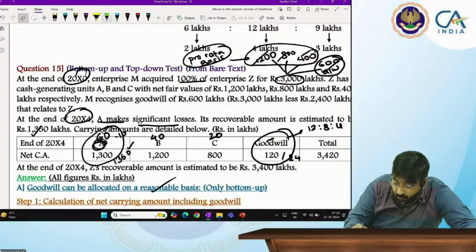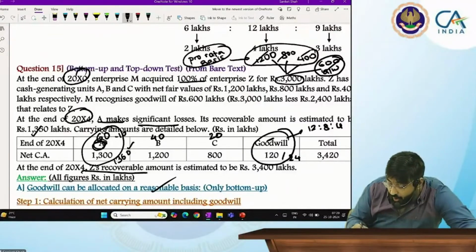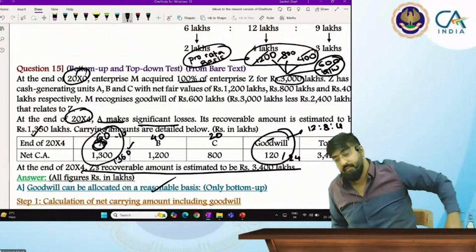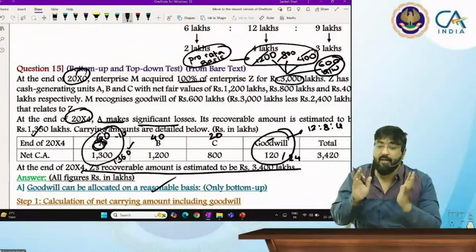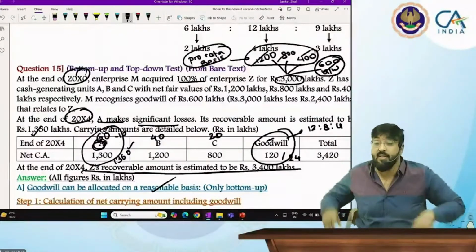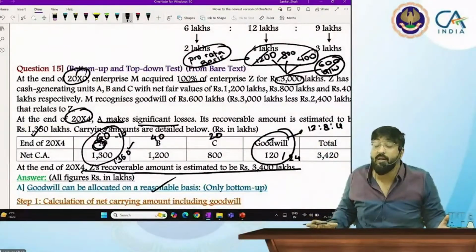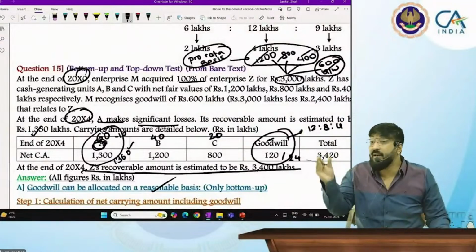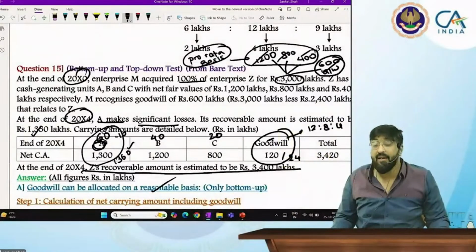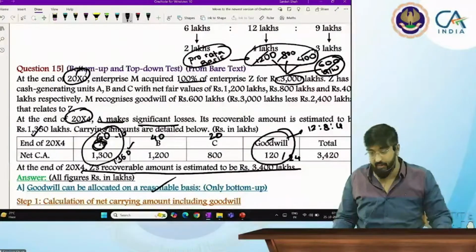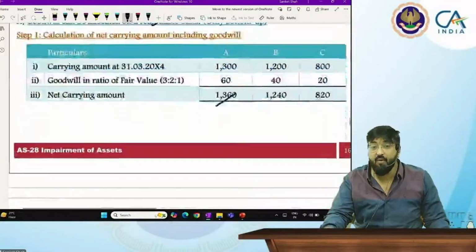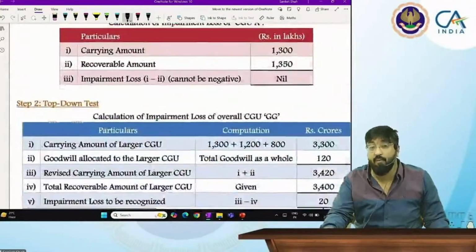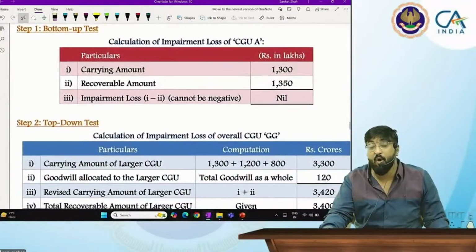And when we focus on Z, if I cannot impair, these CGUs are not independent, they are interdependent. They cannot generate independent cash flows. Assume another example, where I will go with the concept of bottom-up and top-down test.